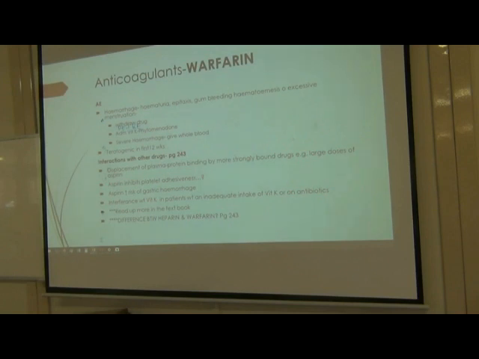So if you give a patient warfarin and aspirin, warfarin will be displaced by aspirin. And so what's going to happen to warfarin? You have a lot of warfarin in the blood. And what's going to happen with the toxicity of warfarin? So you want to be careful in this case.